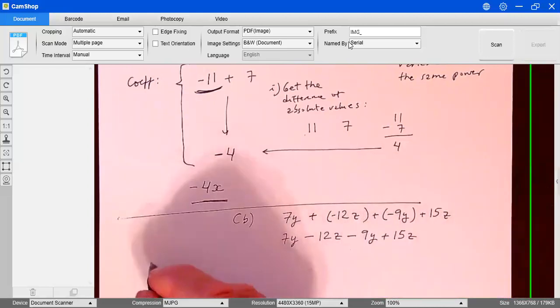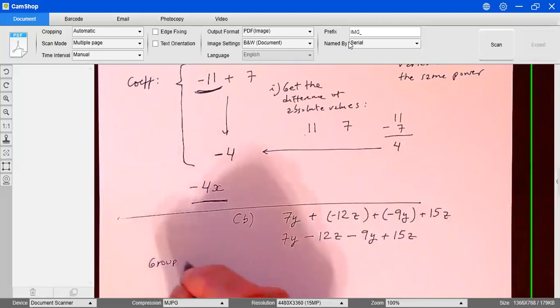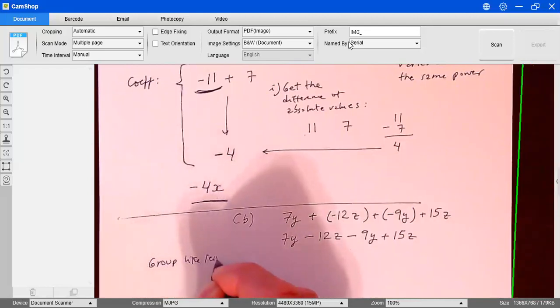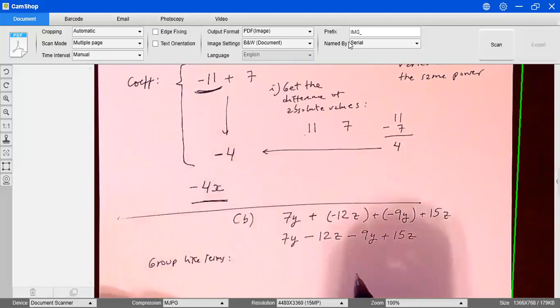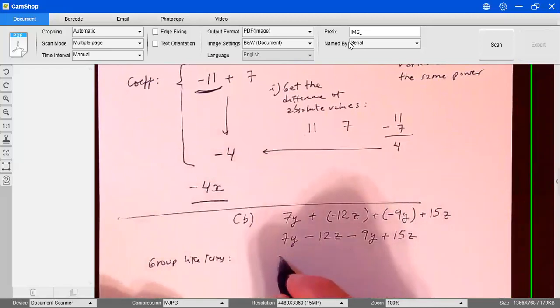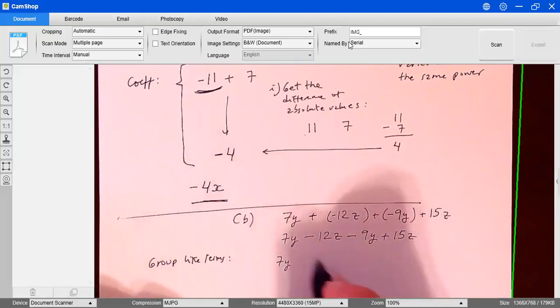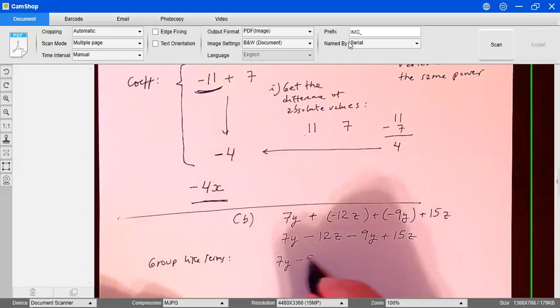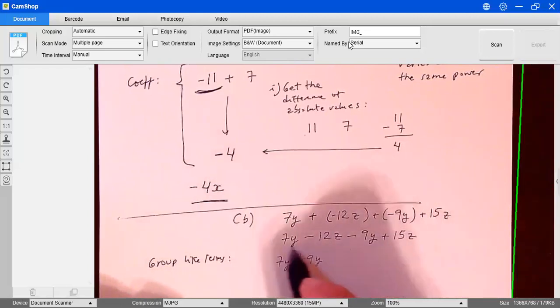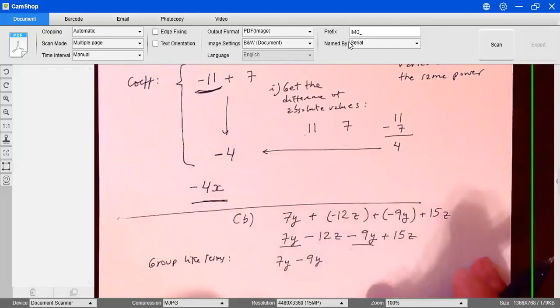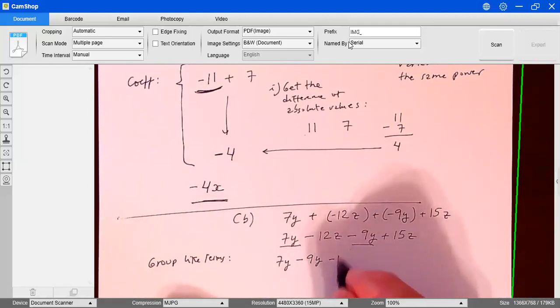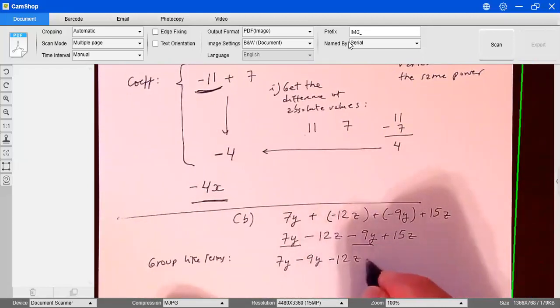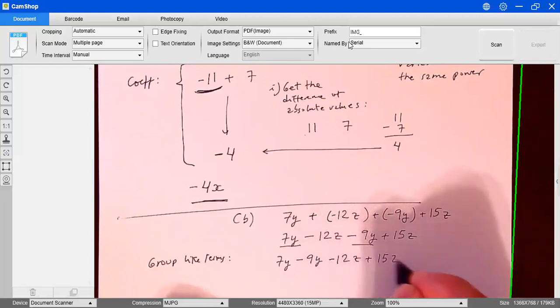Then we're going to do some grouping. We're going to group like terms, meaning that we're going to put first the y's, 7y, negative 9y, and then we're going to put the z's, negative 12z, positive 15z.